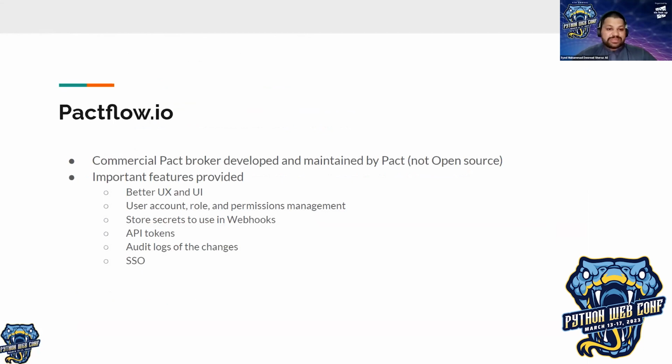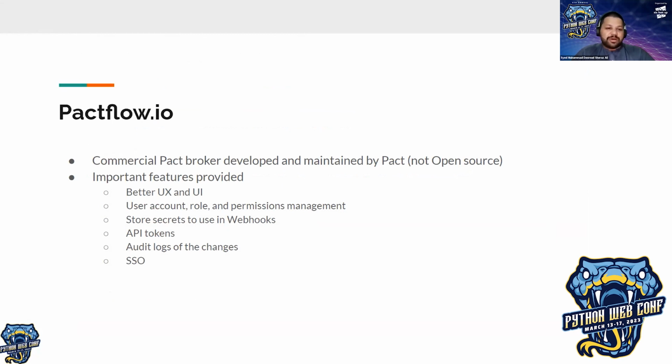Pactflow.io is a commercial version of Pact Broker, which is not open source. It builds upon the functionality that is provided by Pact Broker and includes some more features such as storing secrets for the webhooks to use, better UI and UX, user account and role management.